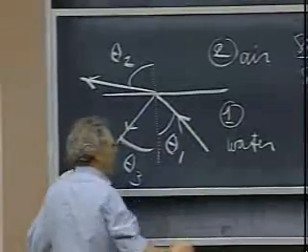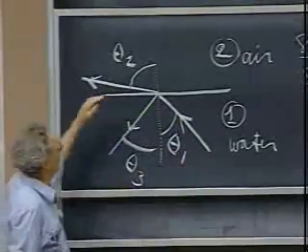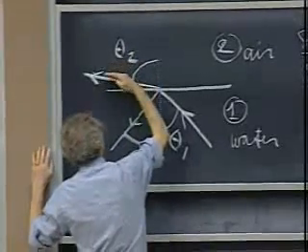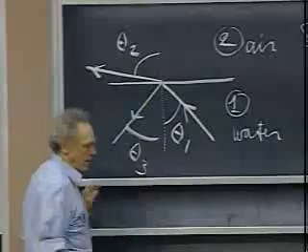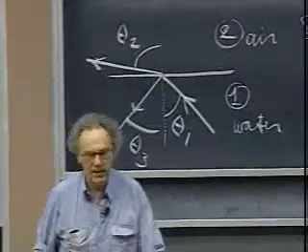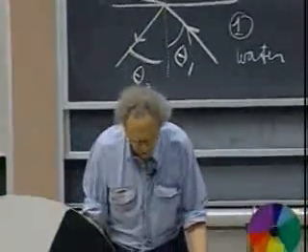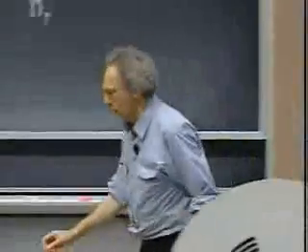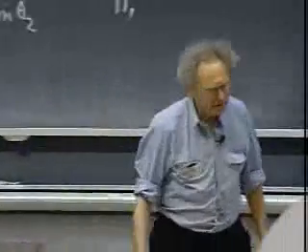And you will see that when I approach the 50 degrees, first of all, you will see that theta 2 increases, increases, increases, and then when I approach the critical angle and exceed it, then we have 100% reflection. So let me first turn on the laser so that there is a little bit of light.